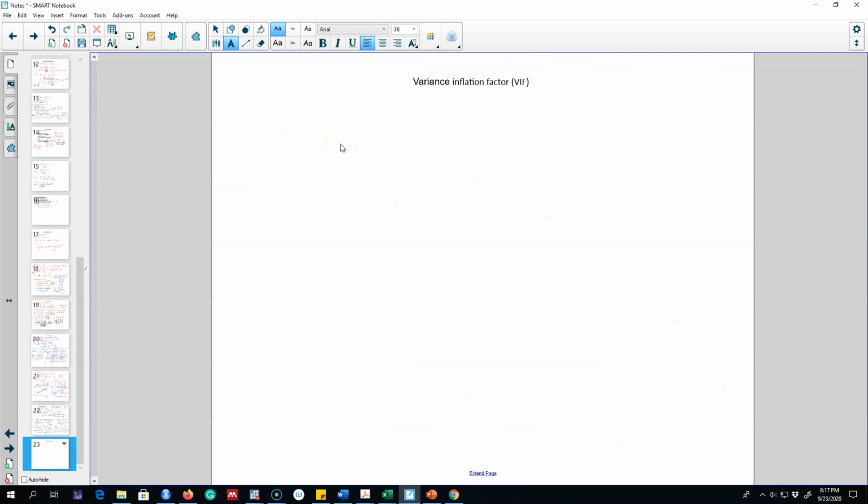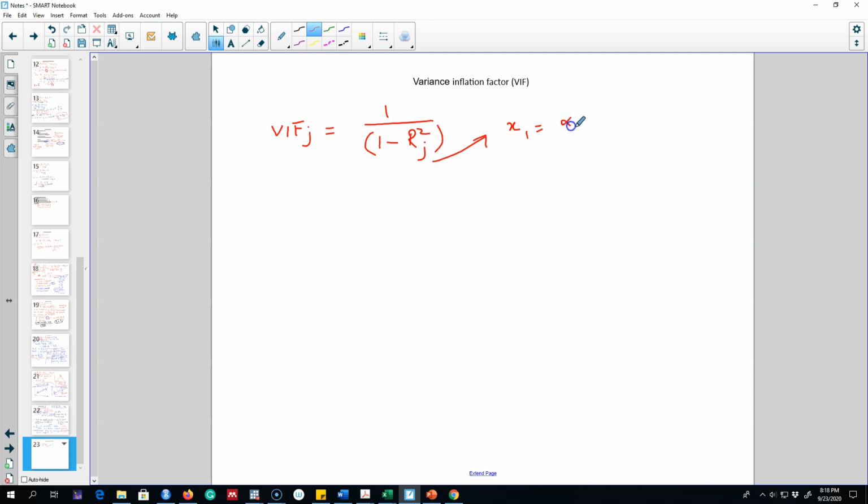One way to judge multicollinearity between these variables is to use the variance inflation factor, or VIF, which is calculated as 1 over 1 minus r squared j. So this r squared j is again the r squared that we get from regressing our variable of interest on other variables in the model.